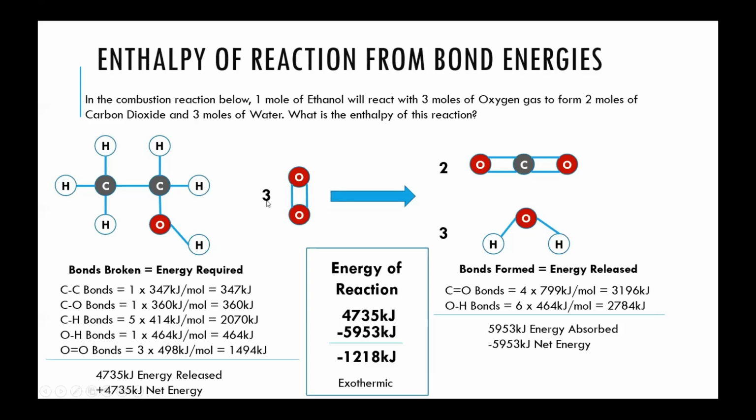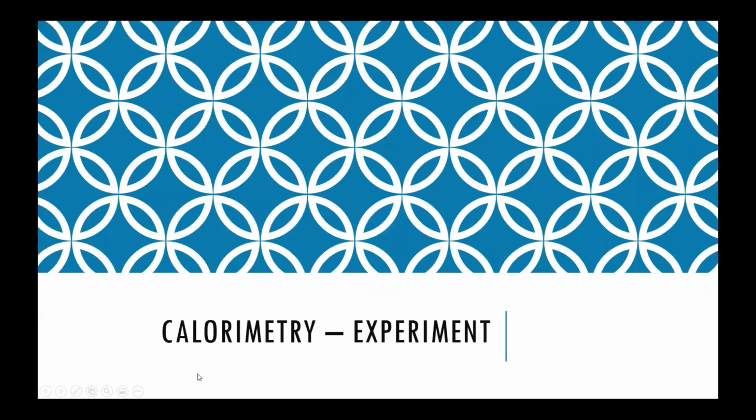These are from the 3 separate molecules of oxygen. So these are all the bonds that in theory are breaking. And you add those up, it requires a total amount of energy to be absorbed.